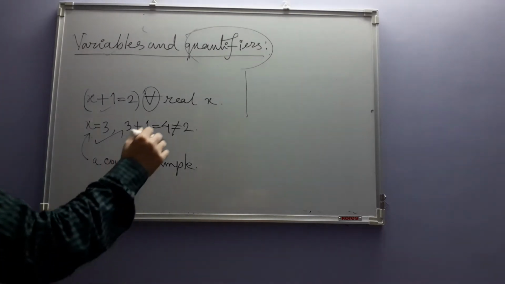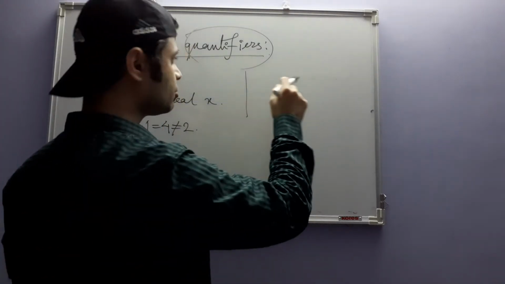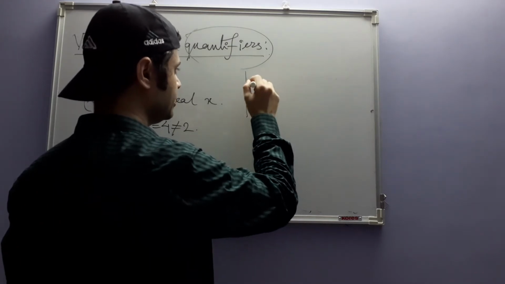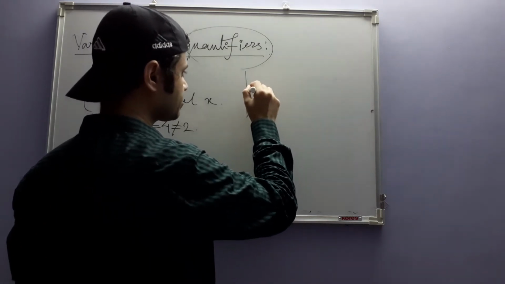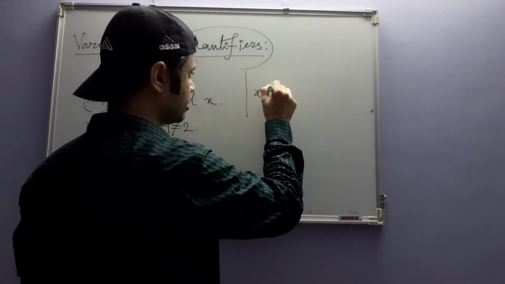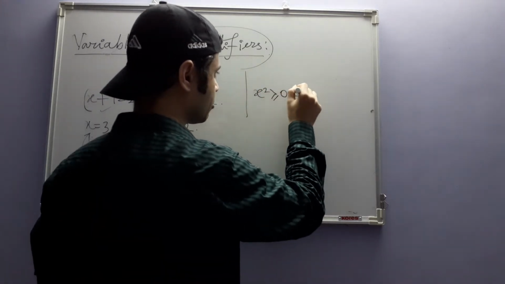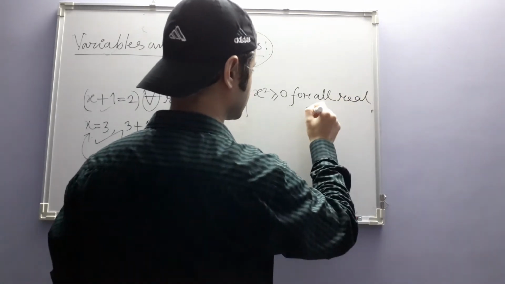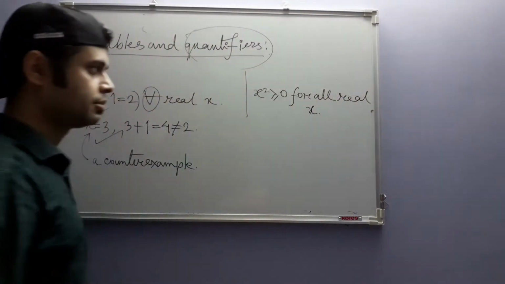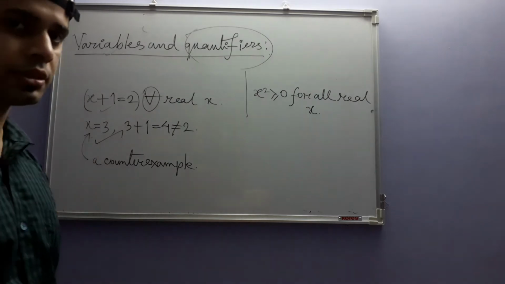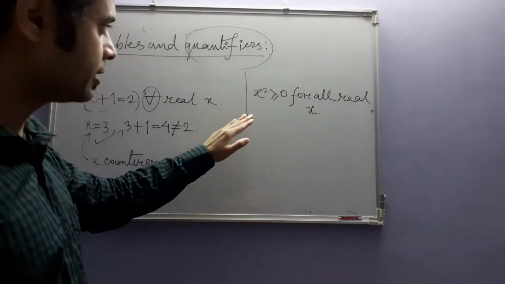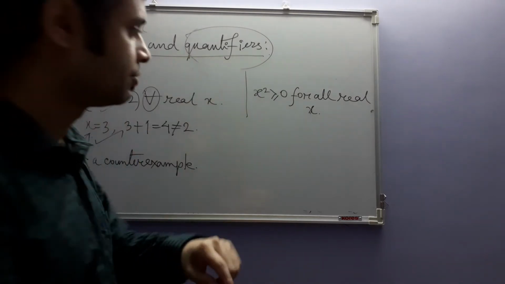For example, we can take that statement itself and modify it: x square is non-negative for all real x. This is again a universal statement, but not like this one. This is true. In this case, one example is not enough.